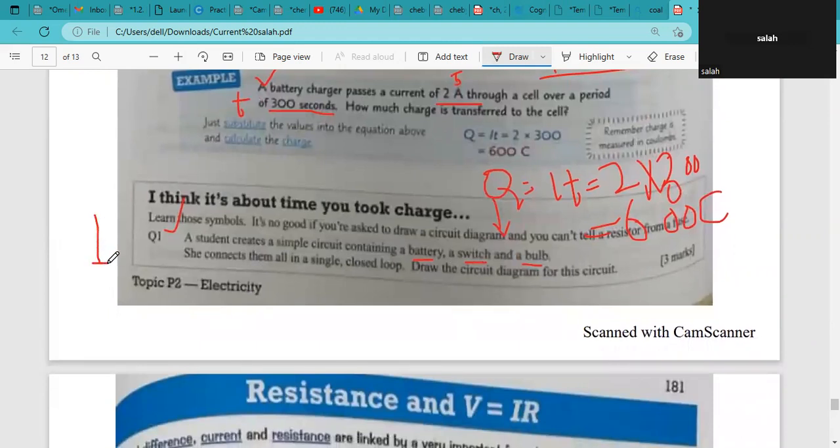So the battery is symbolized like this, and the bulb is symbolized as this.